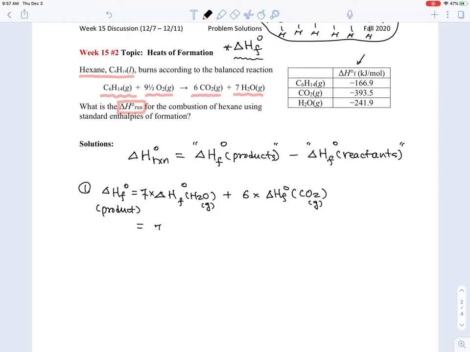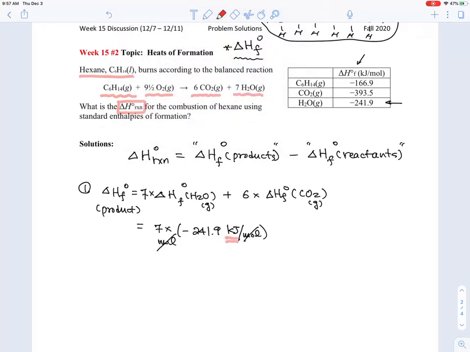So this is 7 times the heat of formation of water, minus 241.9 kilojoule per mole, and this is 7 mole. So the mole signs are gone. What is surviving here is the kilojoule.